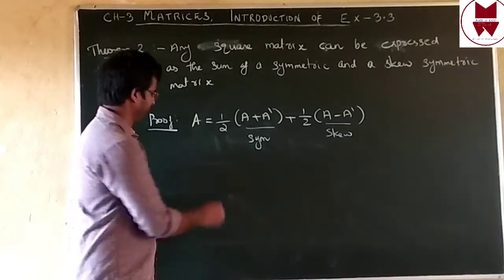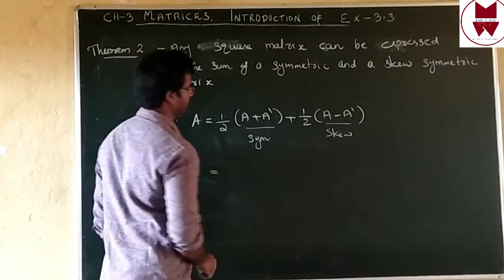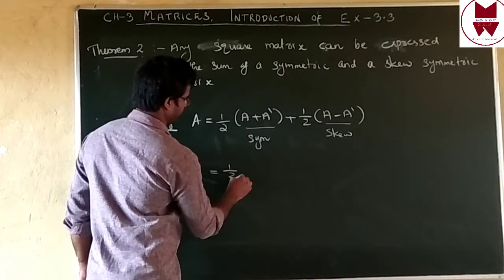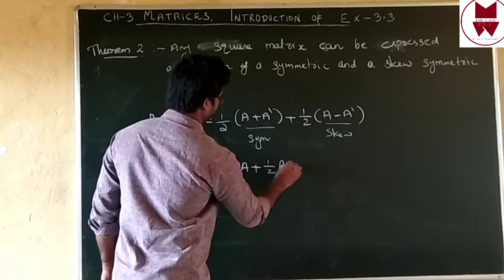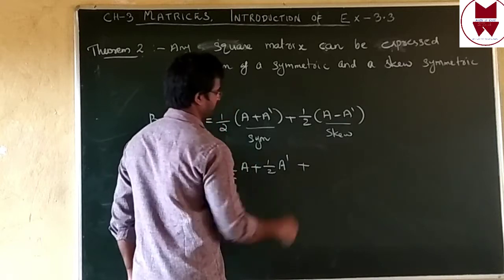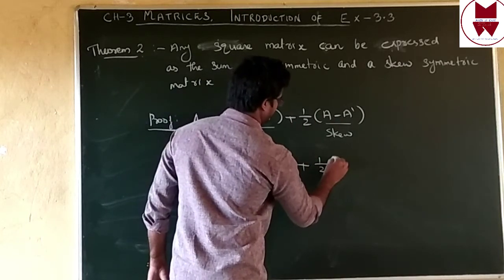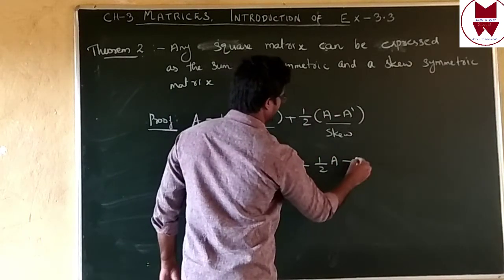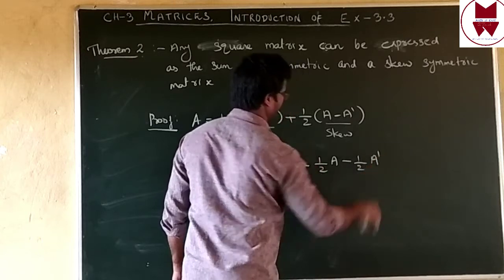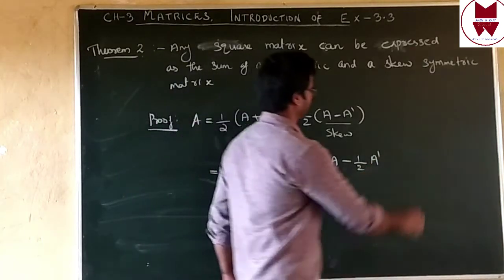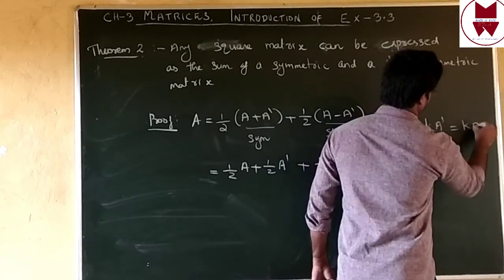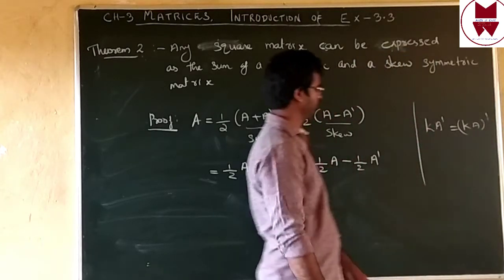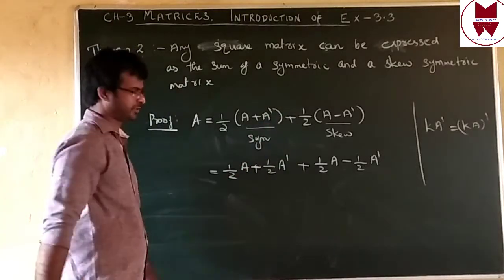Okay. Now, give 1 by 2 inside: 1 by 2 A plus A dash, plus 1 by 2 A minus A dash. We can give it like that because for K A dash we can write K times A dash, property of transpose.